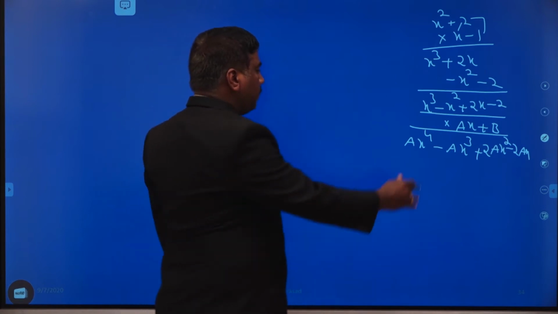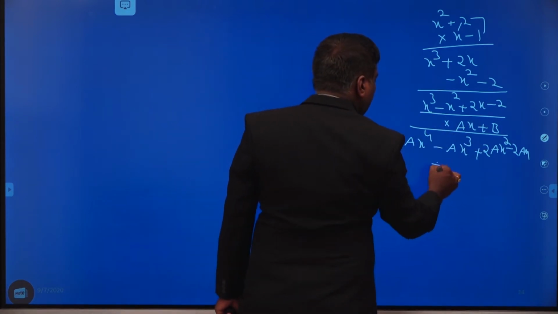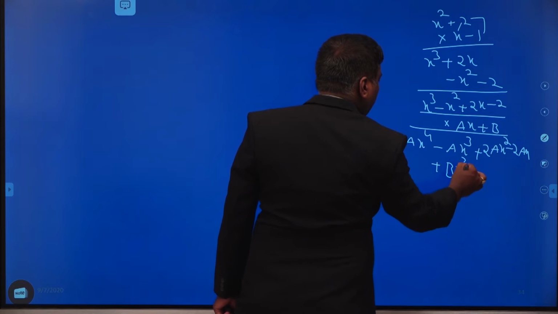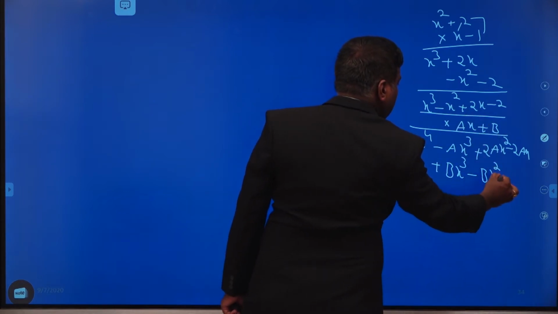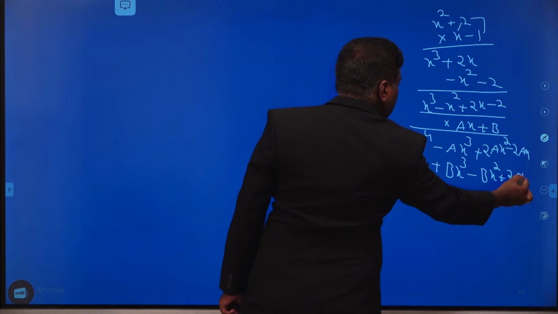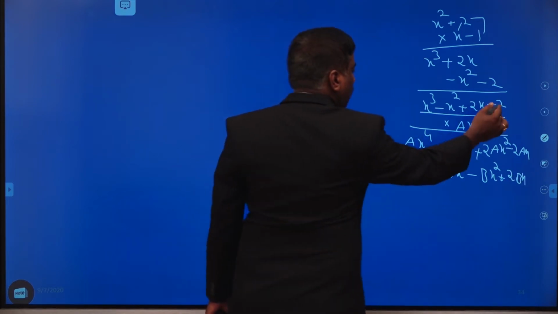Again, multiply with b: plus bx cube, minus b into x square, minus bx square, plus 2bx, that is 2x into b. Next the constants: minus 2b.